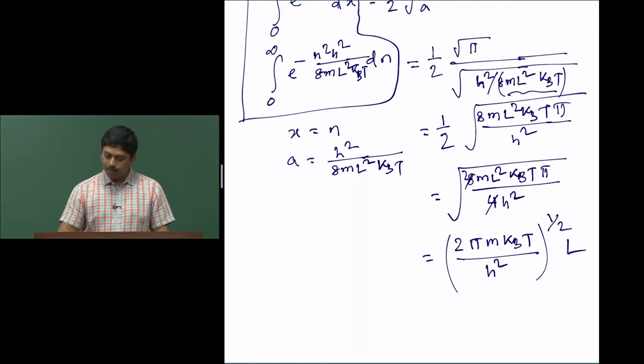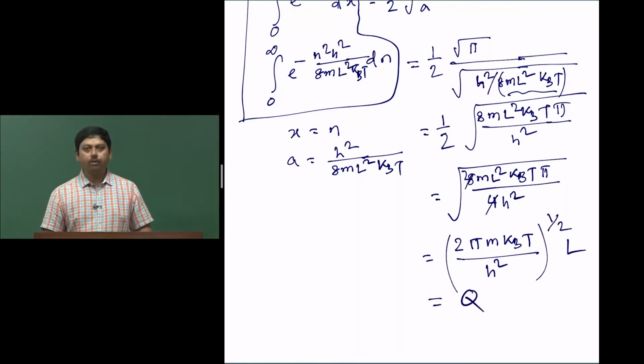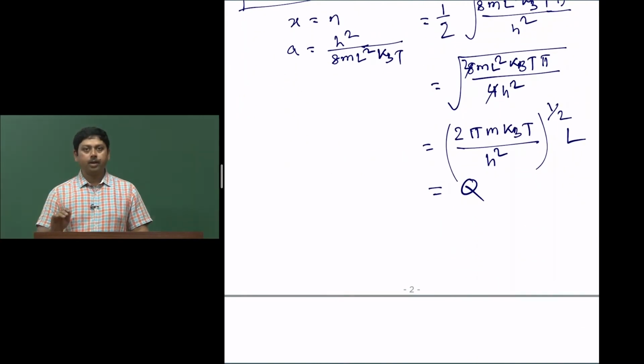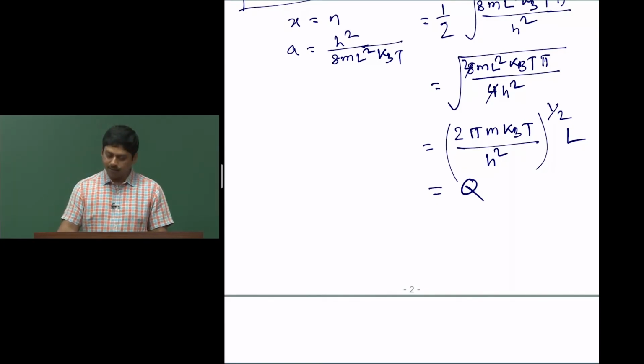So, that is the partition function that I got for a particle in a one dimensional box, and you know what partition function is, it is just the sum of the exponential of the energy values. So, this partition function I got as Q, and now we have to see how we are going to get the average energy.